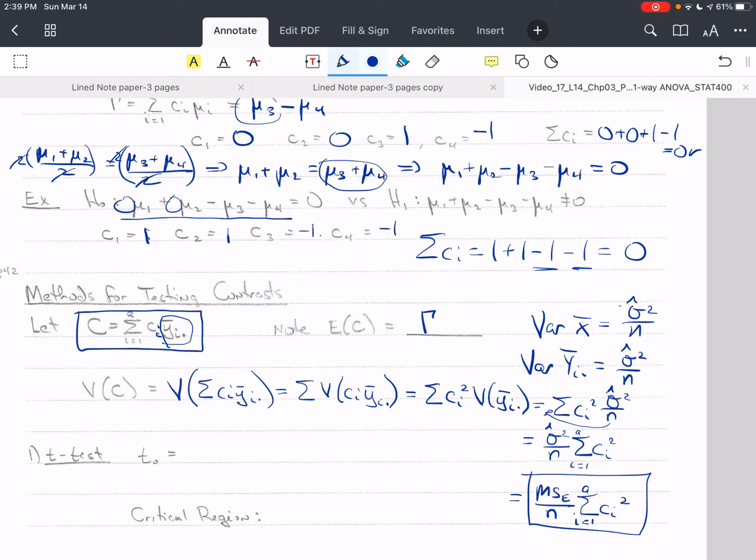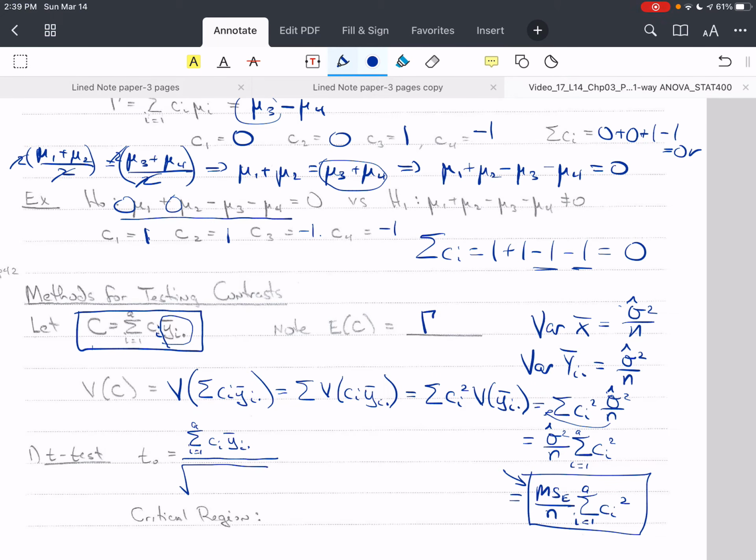So now we want to do a t-test. We've got T naught, and in T naught we use C on the top, so we're going to use the sum from I equals 1 to A of Ci yi dot bar, divided by its standard error. We found the variance of the estimate, so the standard error is the square root of this.